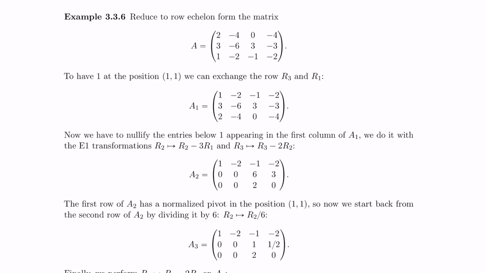Let's consider this matrix and let's reduce it to row echelon form. In row echelon form, the special elements, the pivots, are normalized, and we see that there is 1 in the third row. So if we exchange the row R3 and the row R1, we obtain a matrix A1 which has 1 in the first position, thus facilitating our job.